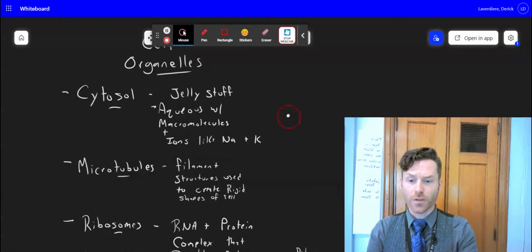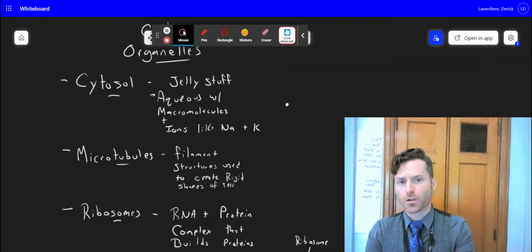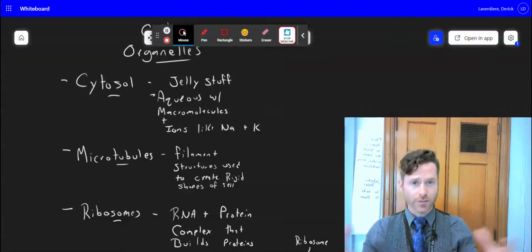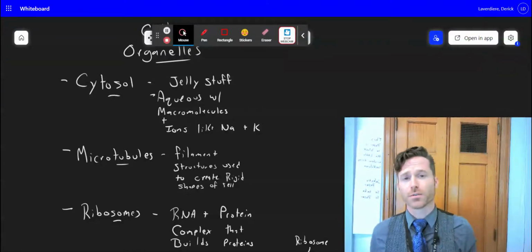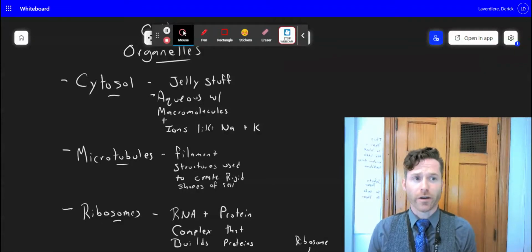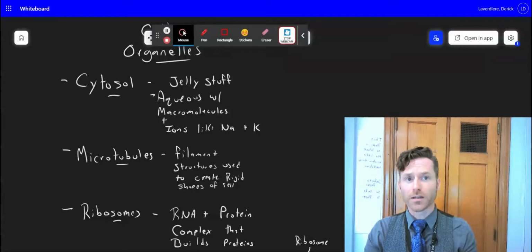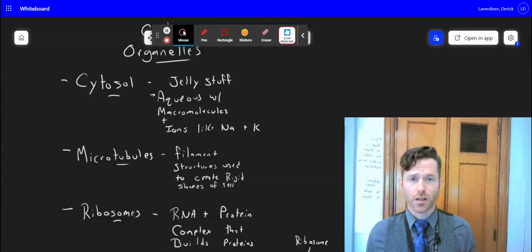So let us start with something that all cells have, which is cytosol. Cytosol is the jelly stuff that fills up most of the empty space within the cell. It's primarily aqueous, meaning it's made out of water, but it is highly concentrated with a bunch of the macromolecules that we've talked about.